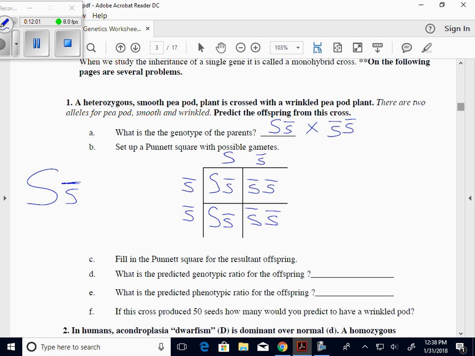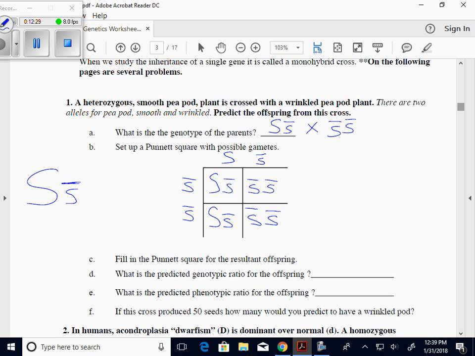Now, this is getting us into letter D. What is the predicted genotypic ratio for the offspring? Well, what genotypes do I have? Capital S, lowercase s. How many? 2 out of 4.